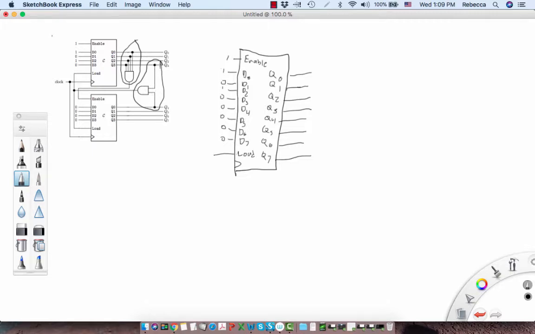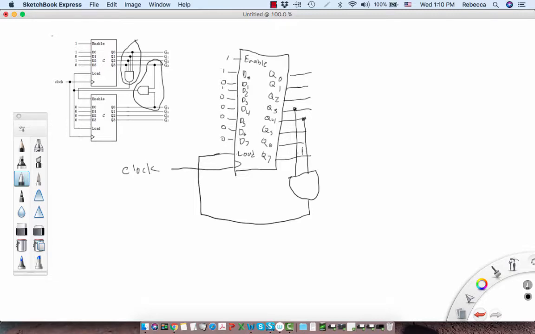So when you have an AND of Q3 and Q4, then it's going to load, and of course we have the clock here.